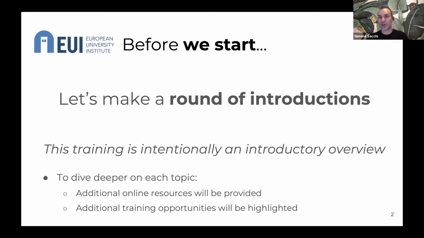We just have one hour and a half, so it's definitely not enough for that. But we will provide you with a lot of additional resources that you can use in order to dive deeper into each of the topics that we touch base on. This will come as a sort of handout after the training, and you'll get it in your email.